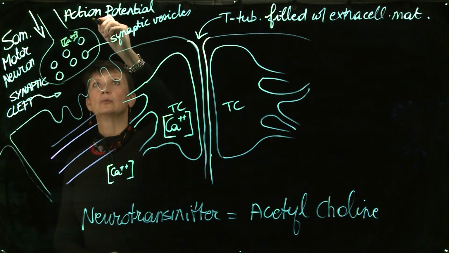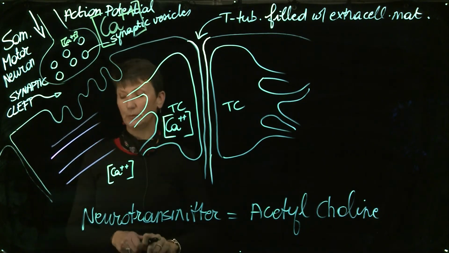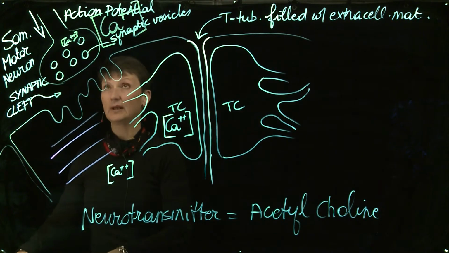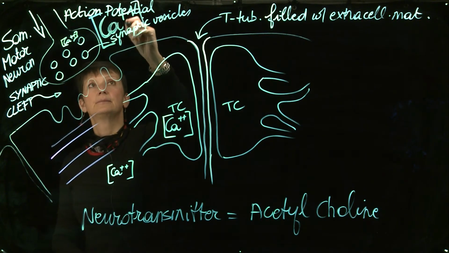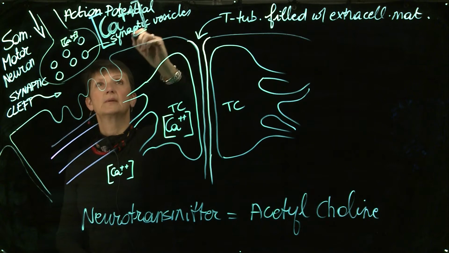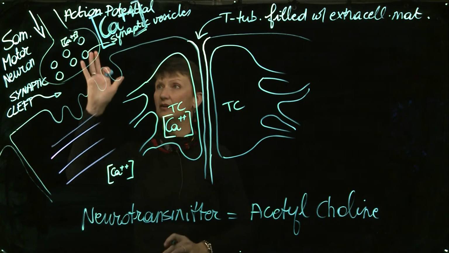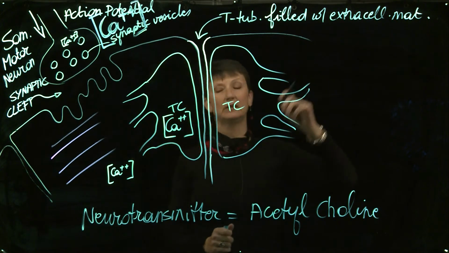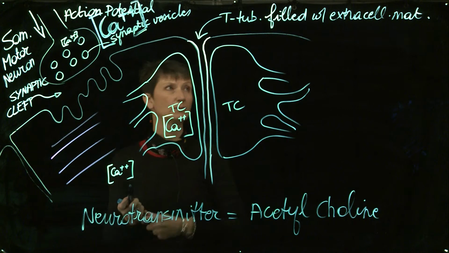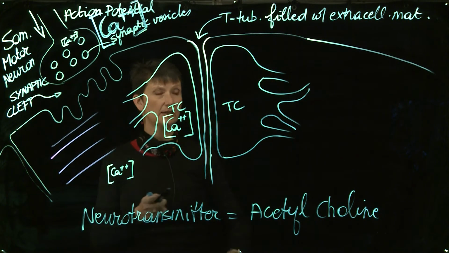So I'm going to write a big calcium symbol right here. I hope you can see that. Let's see if we can make that stand out a little bit better with blue, like so. And so outside any cell, whether it's our neuron or our muscle cell, we're going to see that the calcium concentration is going to be much higher than inside.